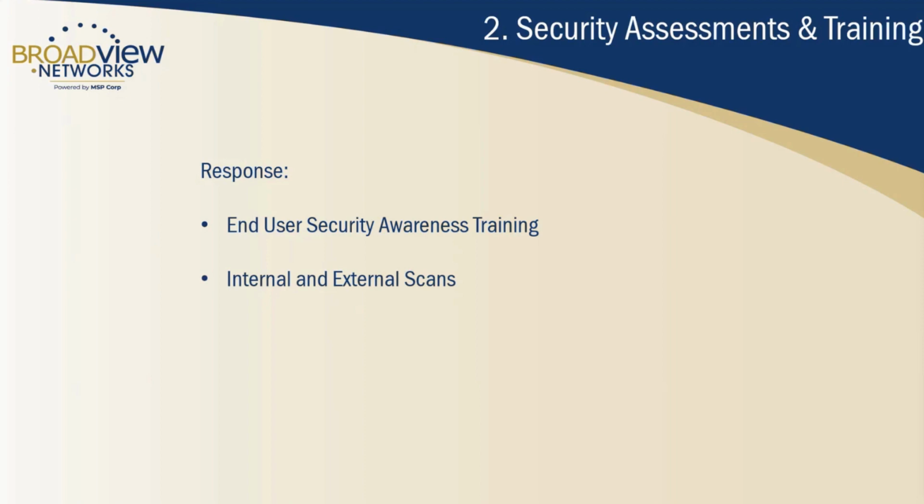Scanning. We'll talk more about vulnerability scanning. The cyber insurers are actually doing scans against you as part of the application process. So if you haven't done your own, particularly an external vulnerability scan, they're going to do one for you. And I understand why they do it, but it's really important. They don't have the internal context that you or your IT team would have. They're going to do a vanilla scan and get a report without that context.